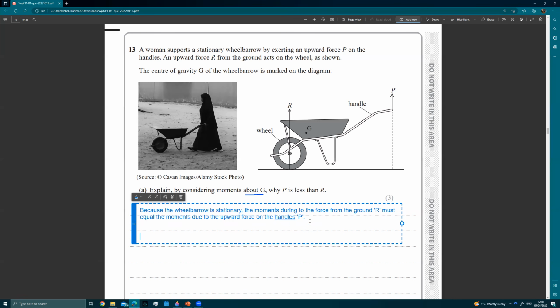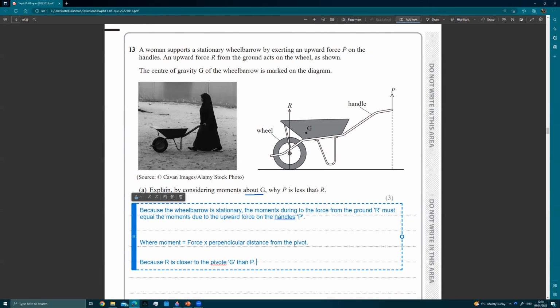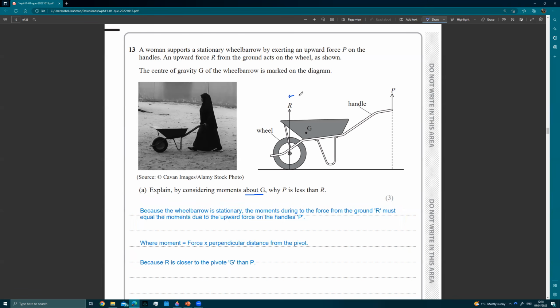Okay, so I'm going to say moment is equal to force times perpendicular distance from the pivot. And then we're going to say, because R is closer to the pivot G than P, this is closer to the pivot than this, but they both have the same moments. They both have the same force times distance.